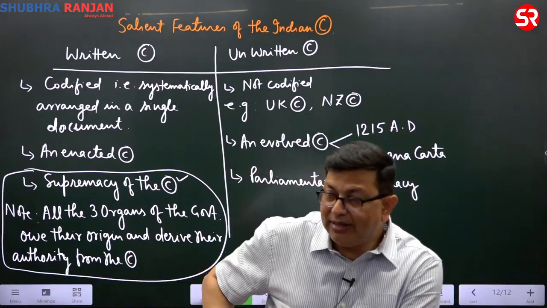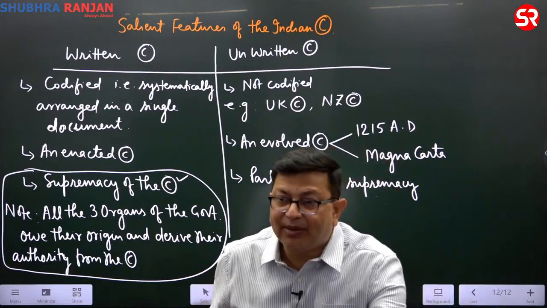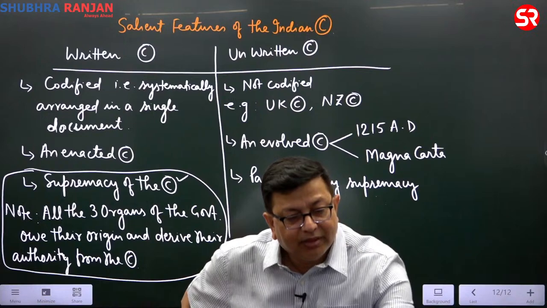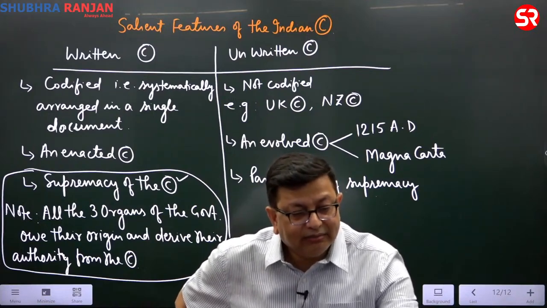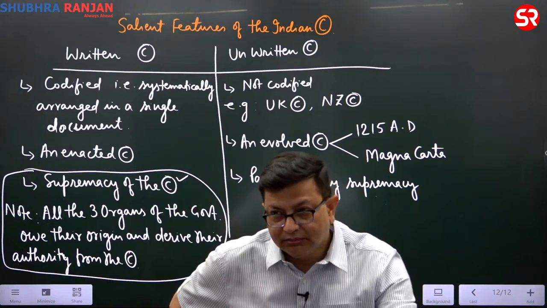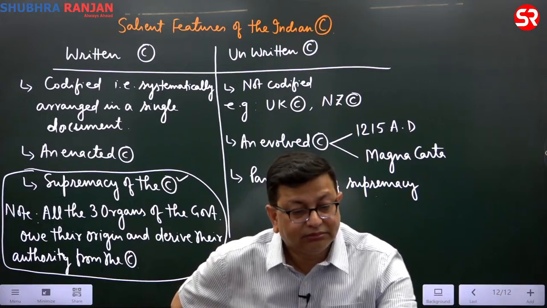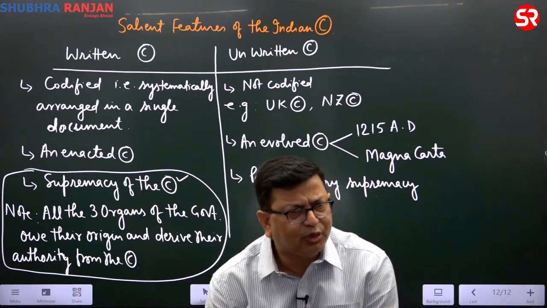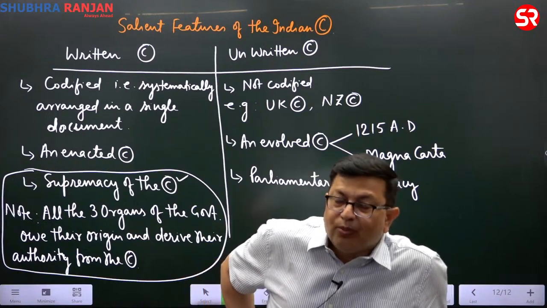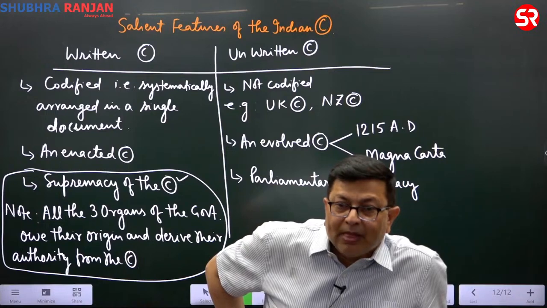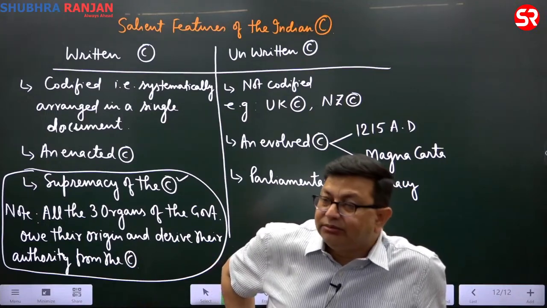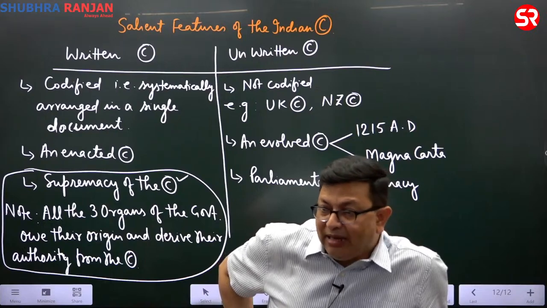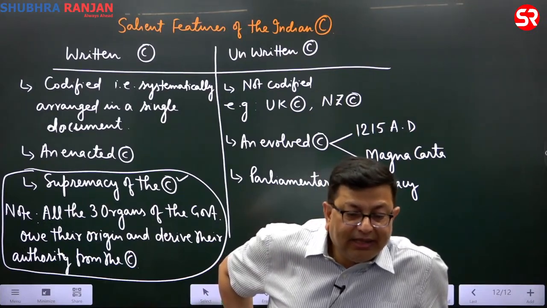Supremacy of the Parliament, as it exists in the UK, refers to the supreme law-making power of the British Parliament.